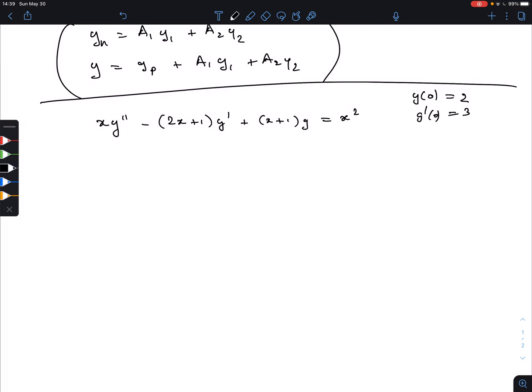I don't think it matters that much. Okay. All right. So first of all, note this is linear, but not constant coefficients.